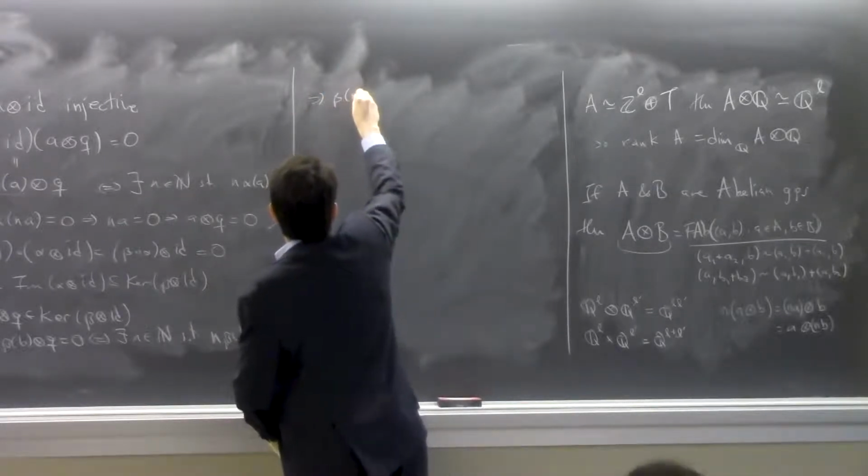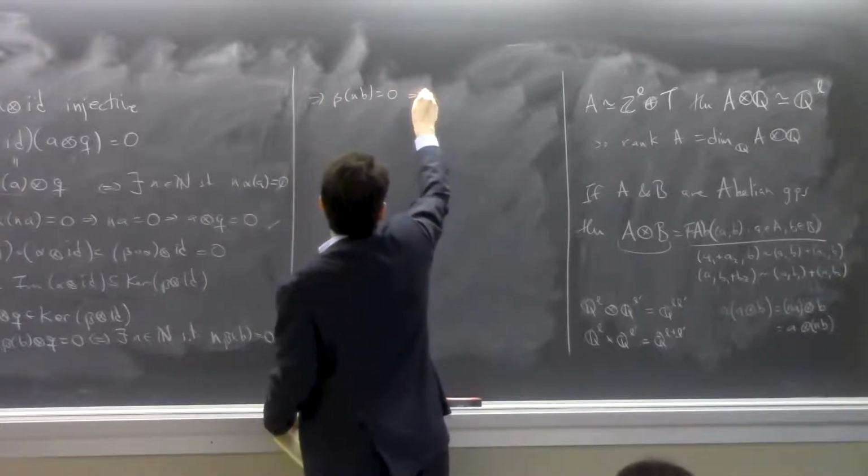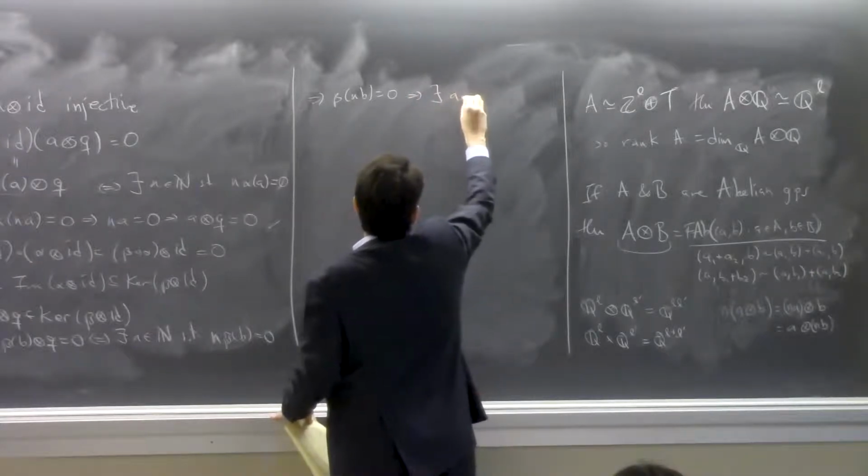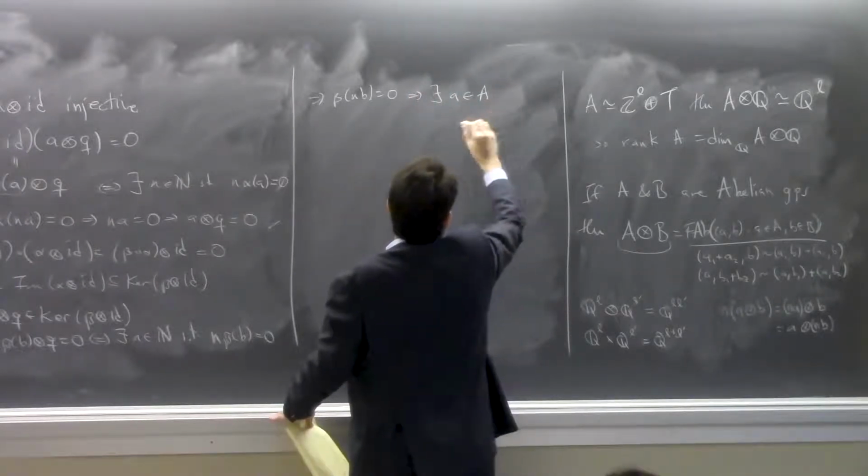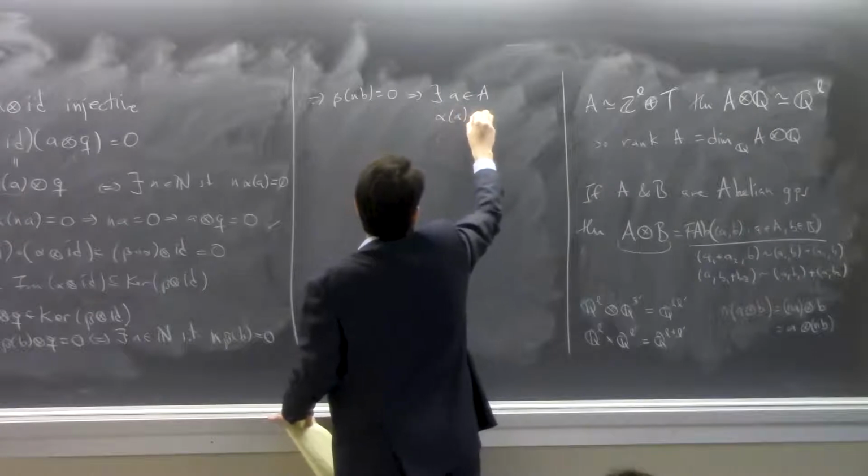Okay, but then beta of nB is equal to 0, and by exactness, there is an A in A with alpha of A equal to nB.